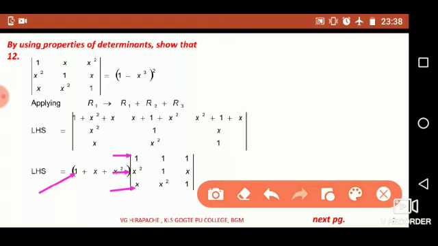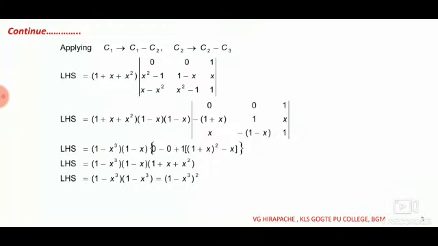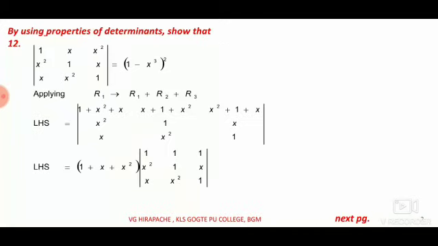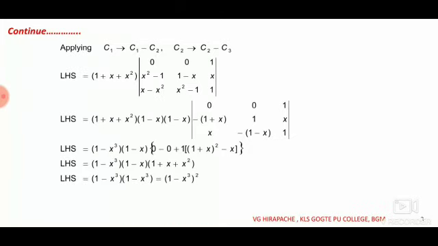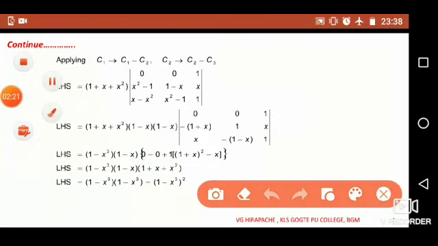Since there are 1, 1, 1 in the first row, we try to get the maximum zeros in the determinant. By applying the column operation, we get C1 changes to C1 minus C2 and C2 changes to C2 minus C3. Then we have the factor 1 plus x plus x square outside as it is.